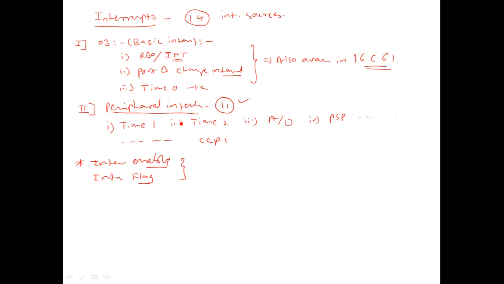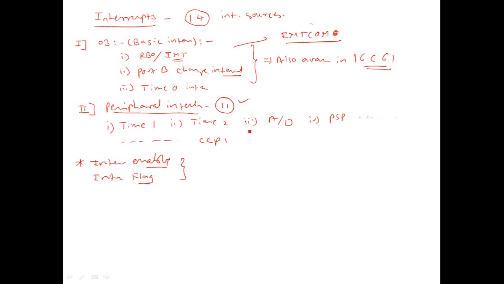The bits corresponding to these basic interrupts are available in a register called the interrupt control register. All the corresponding interrupt bits are available in this control register.